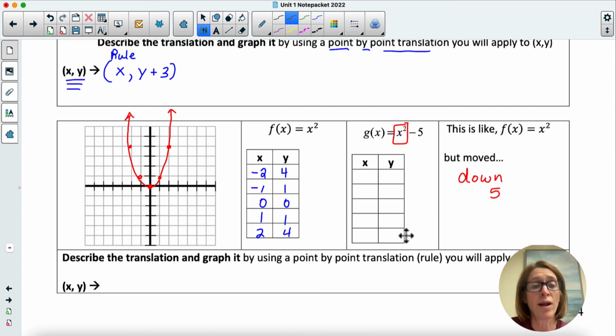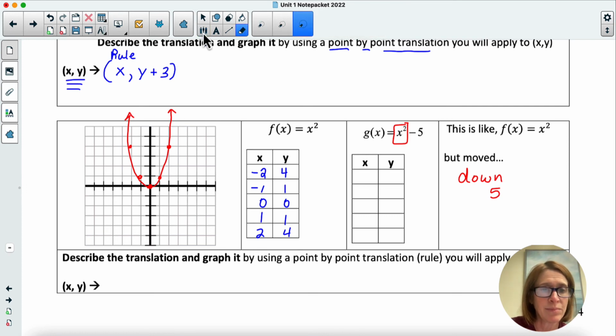All right, so if I want to describe the point-by-point translation, it's taking all of these points and just moving them down 5 units. Or 1, 2, that's only 4 units. 1, 2, 3, 4, 5. And then 1, 2, 3, 4, 5. And I'll switch to blue. And so it's looking something like that.